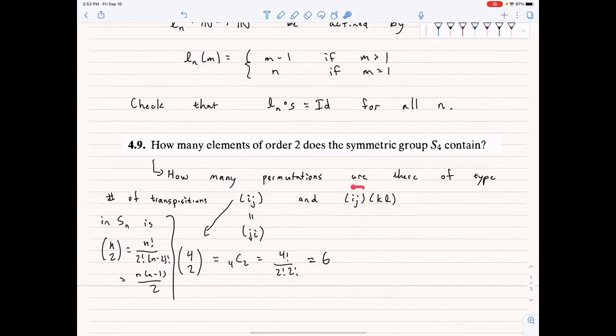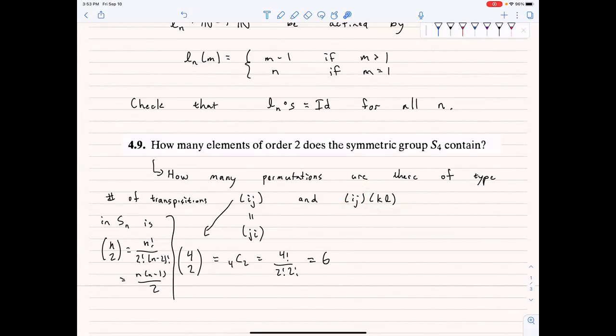So for each one of the transpositions, I will specify a unique other transposition, and that will give me one of these permutations. However, I will have counted each permutation twice if I go through all possible transpositions.